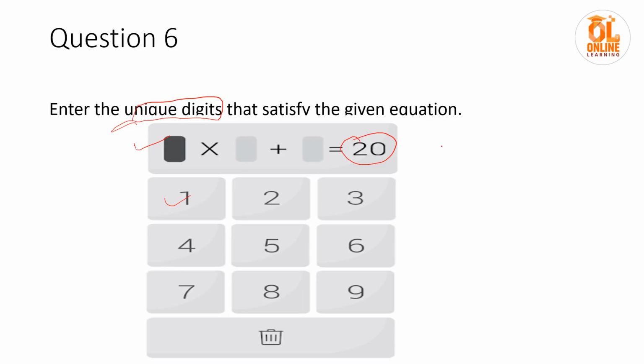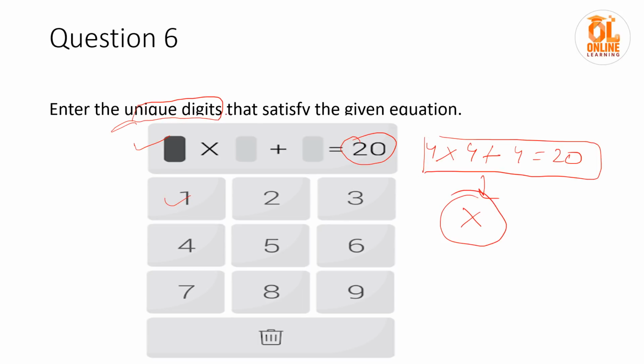That is, if you write 4 into 4, that will be 16, plus 4 is equal to 20. The equation will become 20, but your answer will be wrong because you have to use unique digits. That is, one digit will be present only one time.